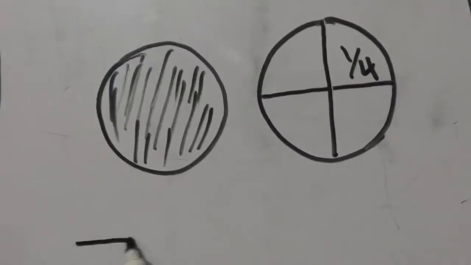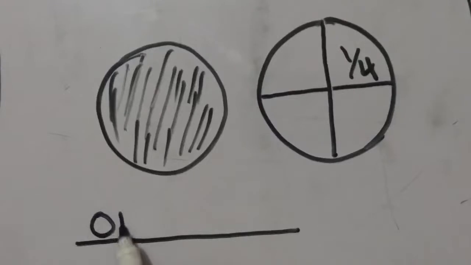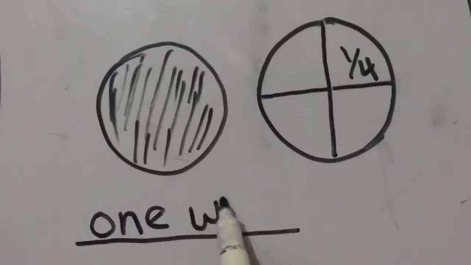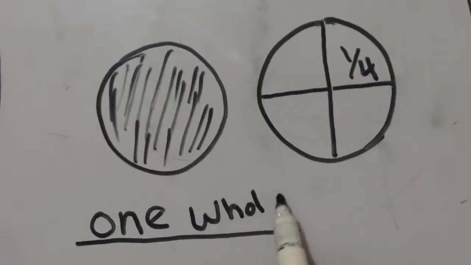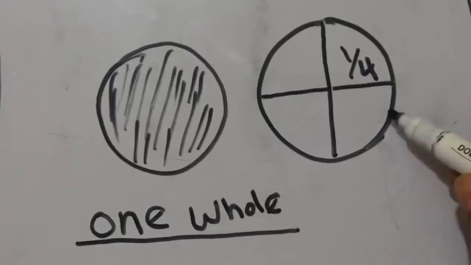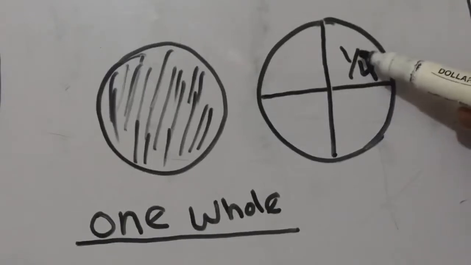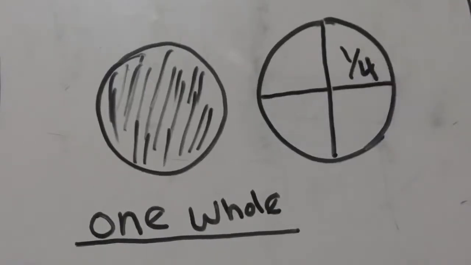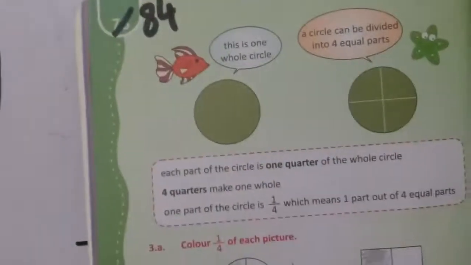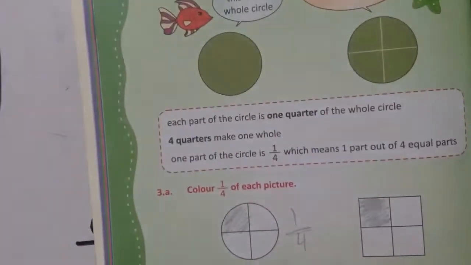So this whole circle we can say is one whole. This is one whole. Okay, and this is called 1 quarter. All parts are same.